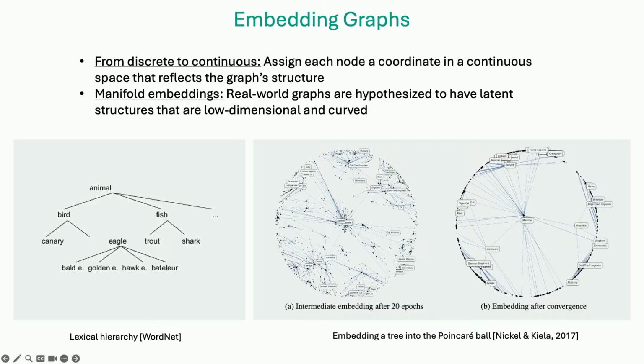This is problematic because it works when you have a tree, so a lexical hierarchy will work in this setting. But if you're trying to do it with a graph, some of the work I've done before shows that the topological structure of the graph is not preserved when you do this kind of embedding. So this motivates different perspectives.